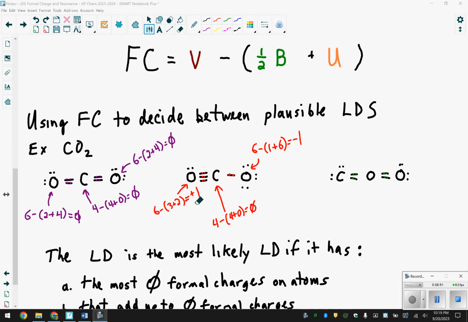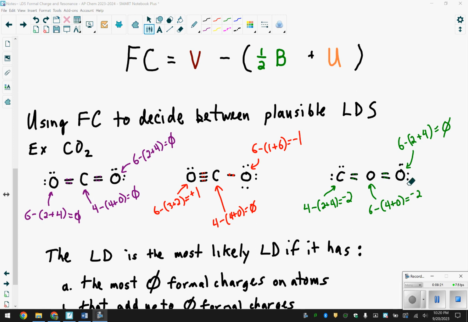So this +1 formal charge is not surprising. Again, this oxygen does not have a charge of +1. It is a bookkeeping term. Carbon in the middle has a 0 formal charge. The oxygen on the right-hand side, 6 valence electrons, half of the bonded electrons is 1. It has 6 unshared. It has a formal charge of -1.